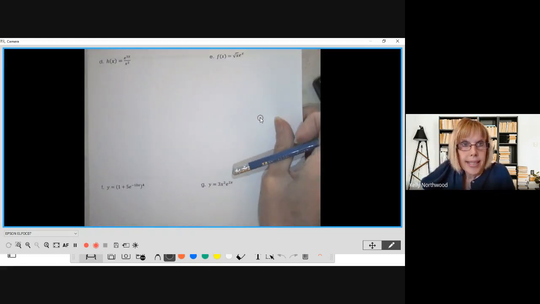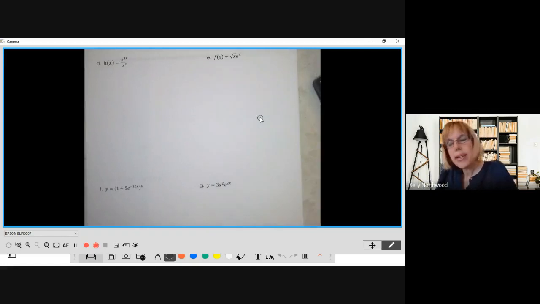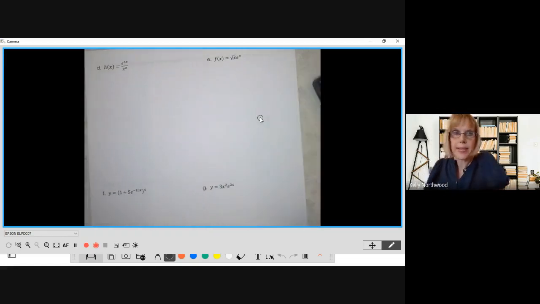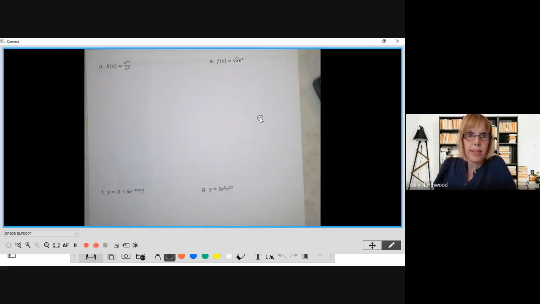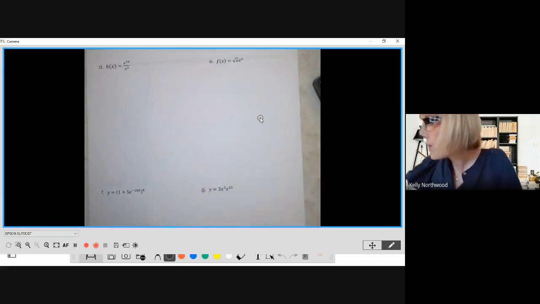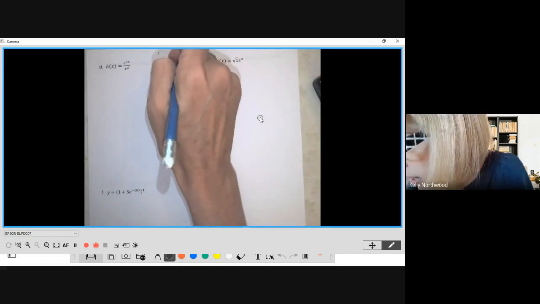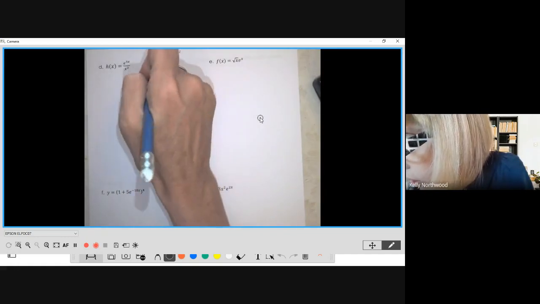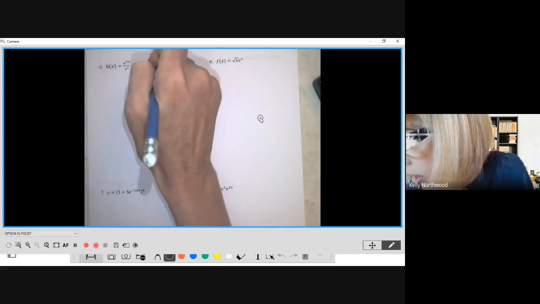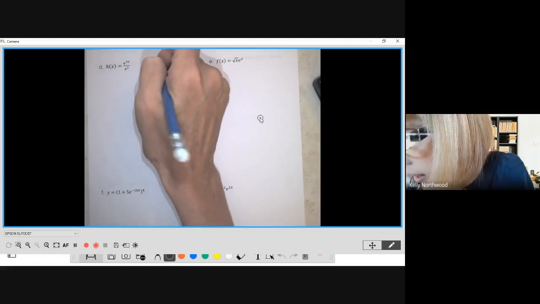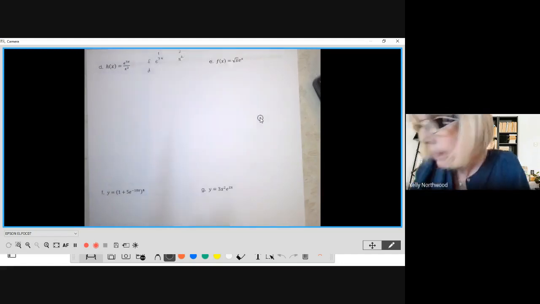Okay, d: h of x equals e to the 3x divided by x squared. So now I have a quotient rule to use. So I'm going to make my chart. First, second, function, derivative. My first function is e to the 3x. My second is x squared.